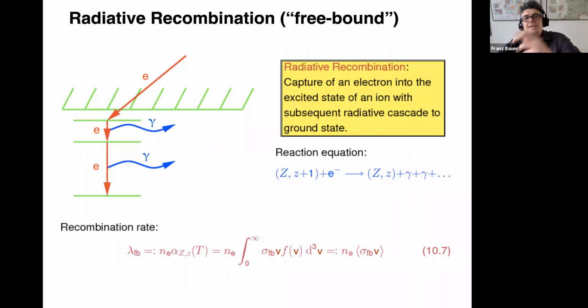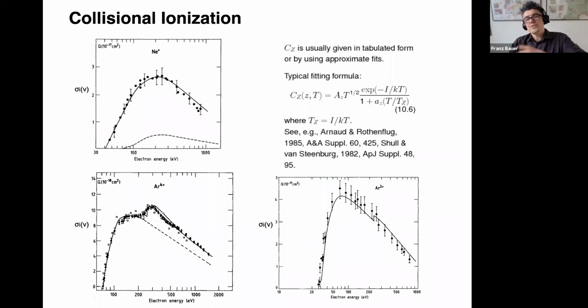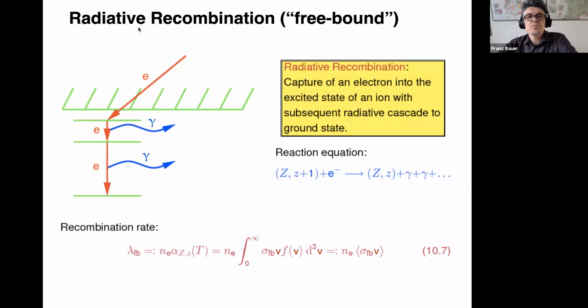So that's ionization. The other side of this is, of course, recombination. The radiative recombination, which is also known as the free-bound process. You have an electron which is captured, and it might be captured to a high level, and then internally this will drop down and emit photons.